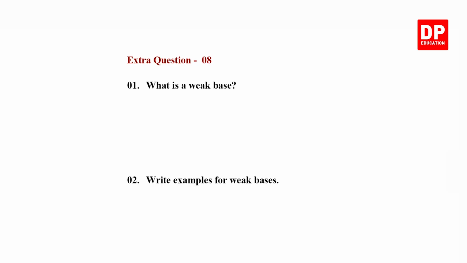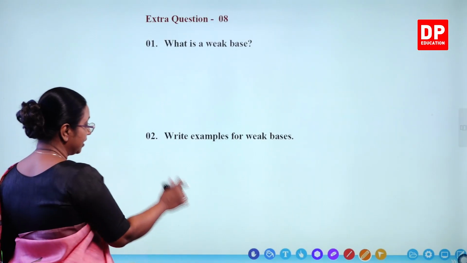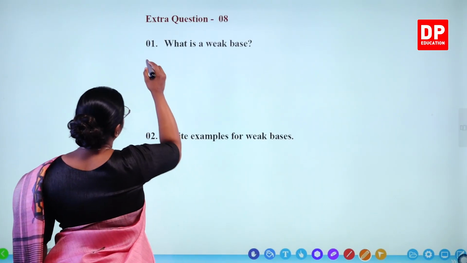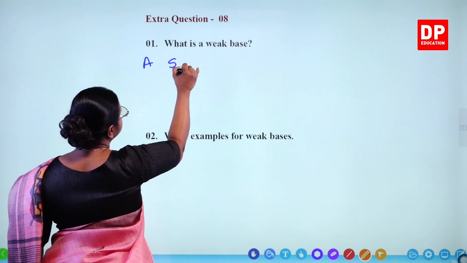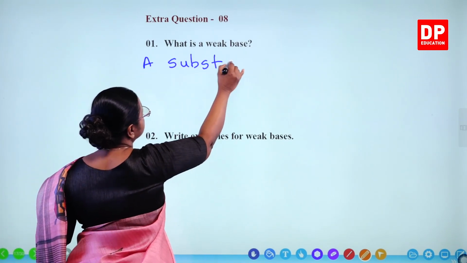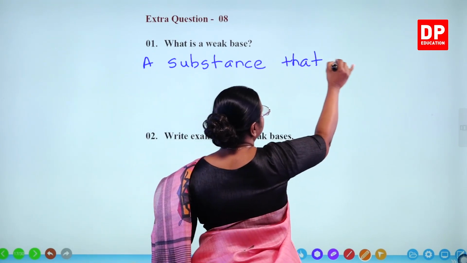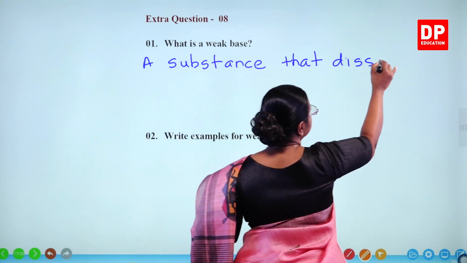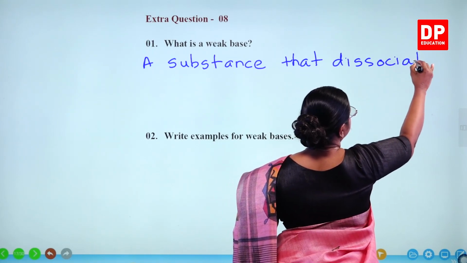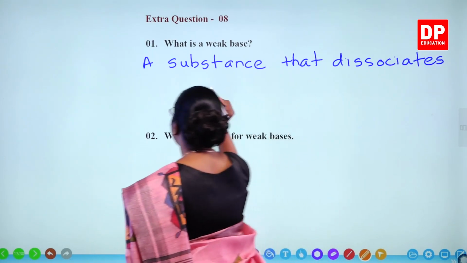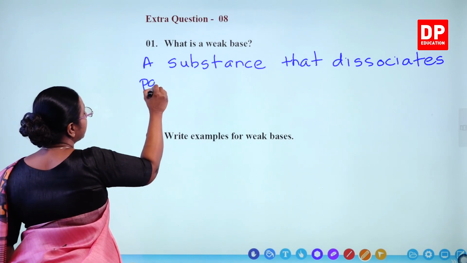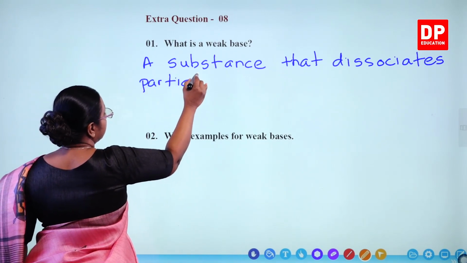Extra question 8. What is a weak base? Similar to the previous one, you can say a substance that dissociates partially. Here it is partial dissociation.